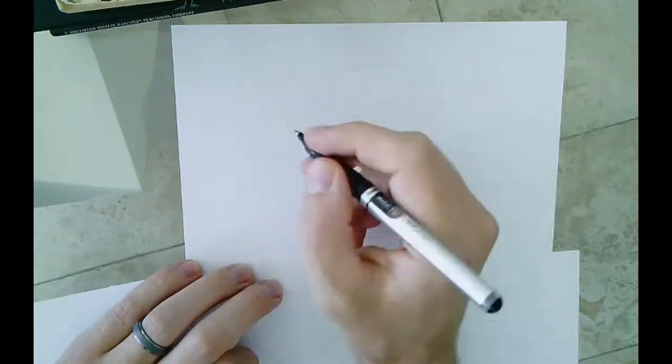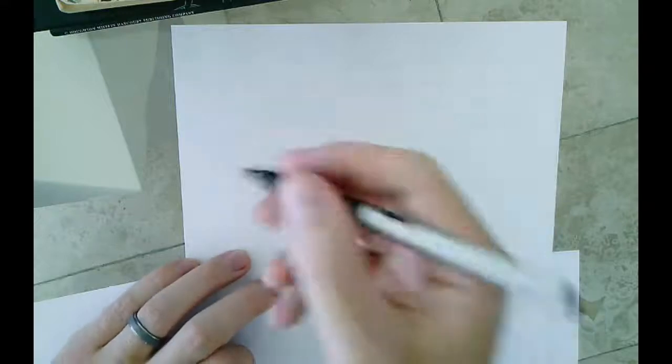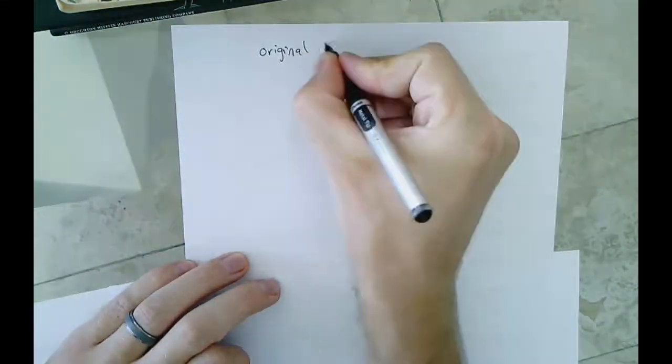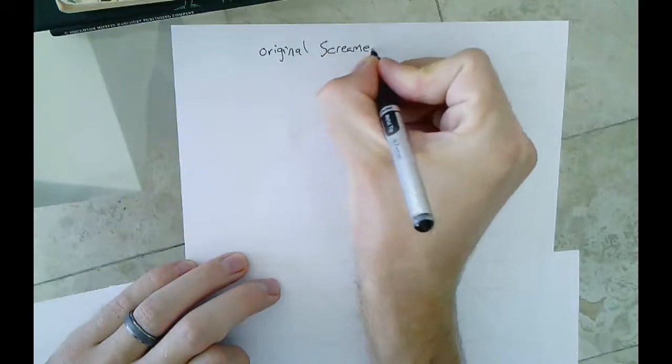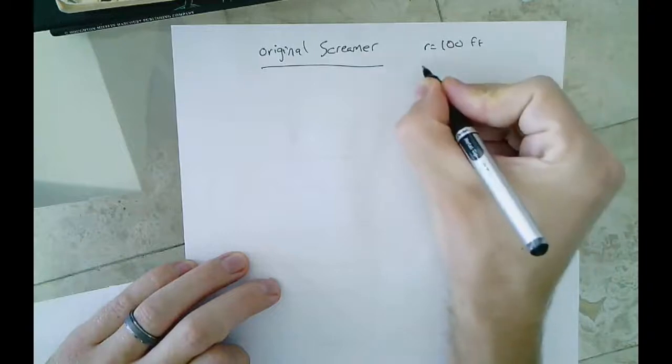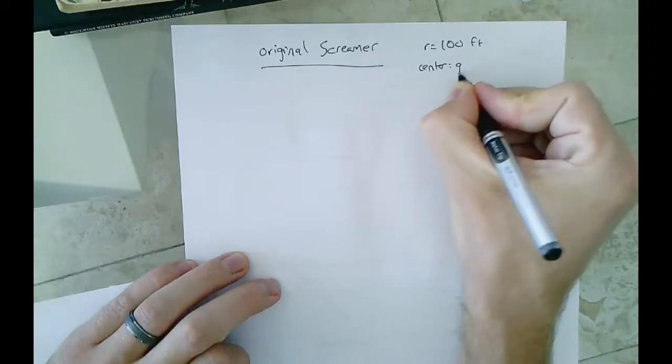I want to start this by debriefing what we talked about at the beginning. So our original screamer Ferris wheel, all the way back to the original. Our radius is 100 feet and the center is right on the ground.